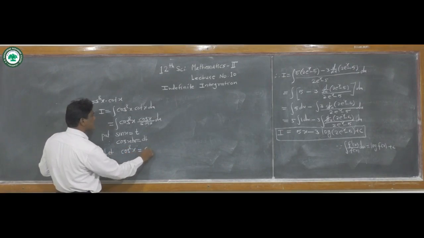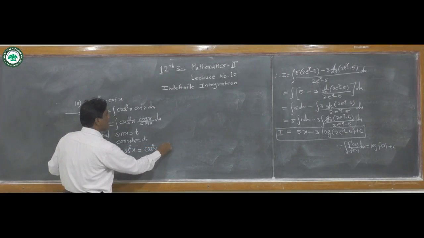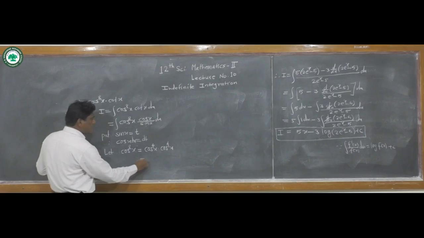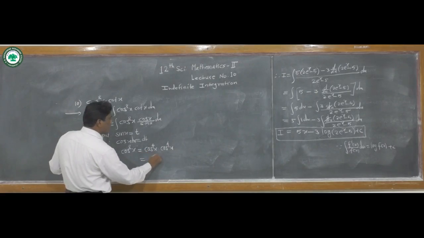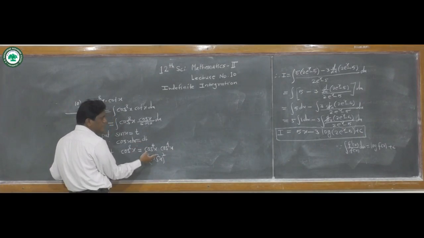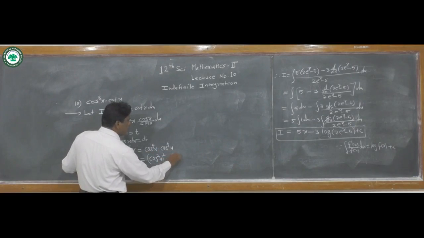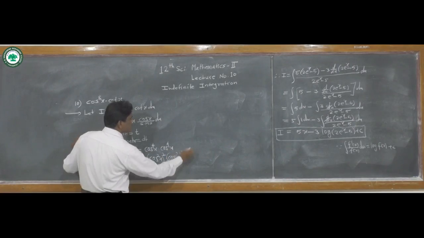We write this as cos to the power 4x into cos to the power 4x. Also we write here cos to the power 4 as cos square x to the square. We write this 4 as 2 into 2. Here also we write cos square x to the square.